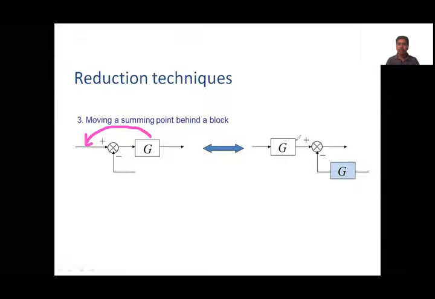So the summing point is moved, or in other words, you can say the summing point is changed to after the block. After the block, if you want to change like this, the block remains the same, and the summing point is changed from here to here.